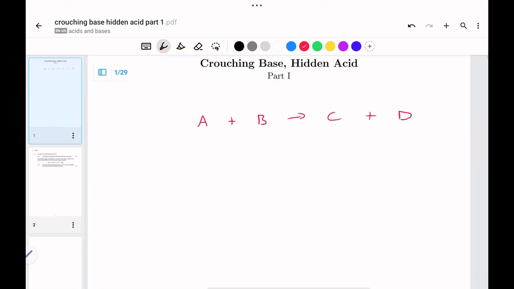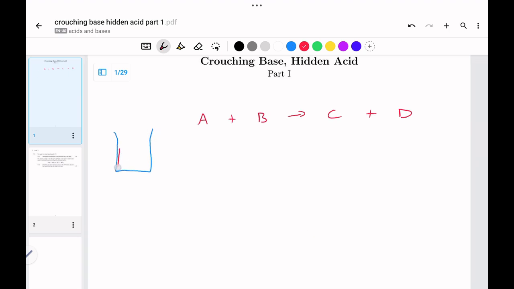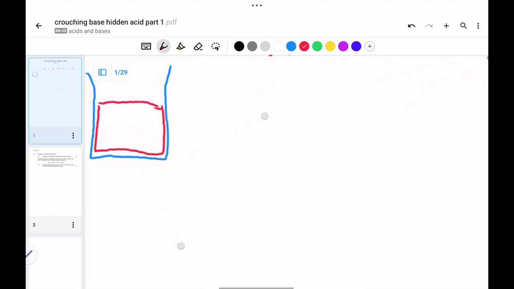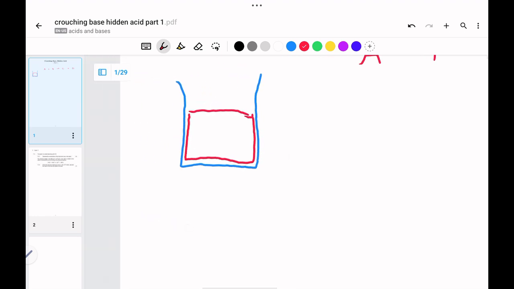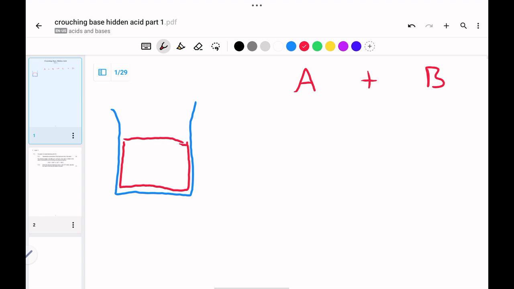This is a type of problem where, say you are given a beaker where you have some solution of A, and you allow it to react with B.